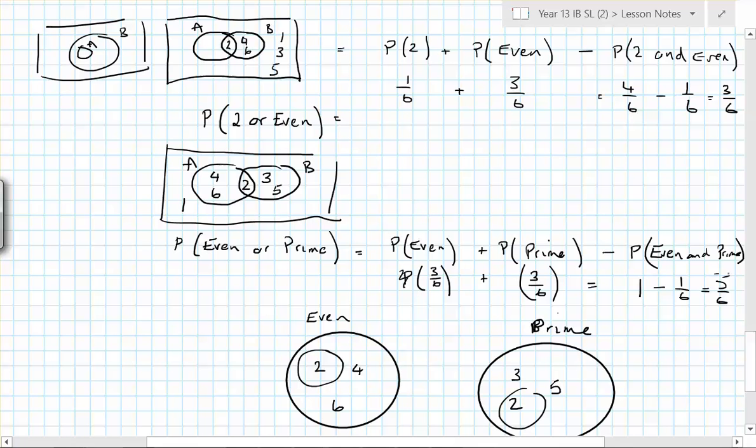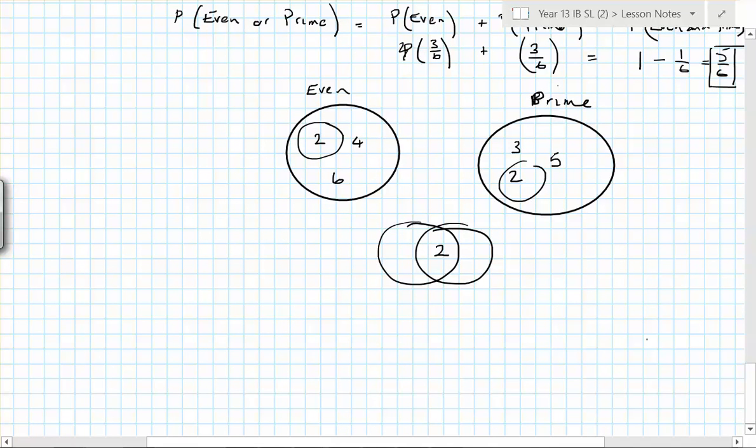Right? So that's the answer there. But another thing we have to consider is what's called conditional probability.